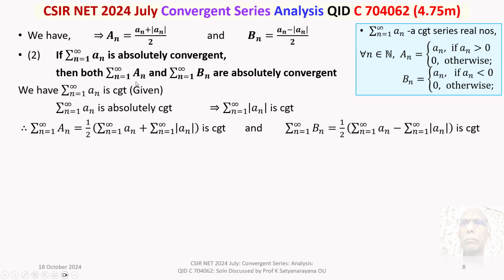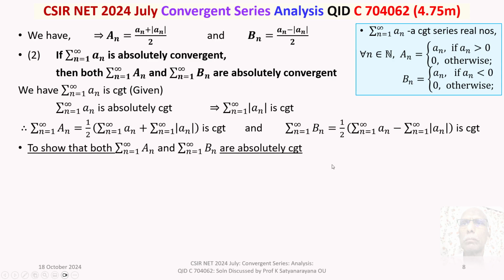But what is it that we want? We want both sigma capital An and sigma capital Bn to be absolutely convergent. So we want to show that both these series are absolutely convergent. Note that capital An is An when An is greater than 0, and is 0 otherwise. Therefore, capital An is greater than or equal to 0. And also capital Bn is less than or equal to 0 for all n belonging to N. Agreed.